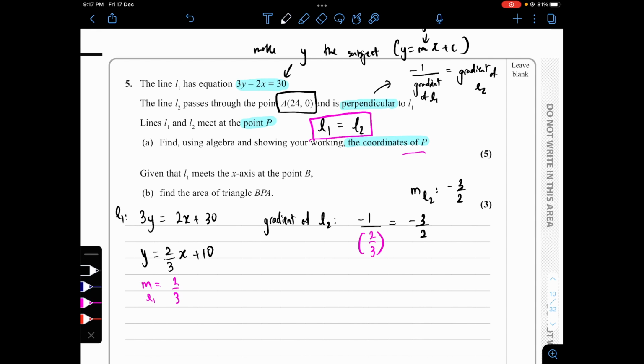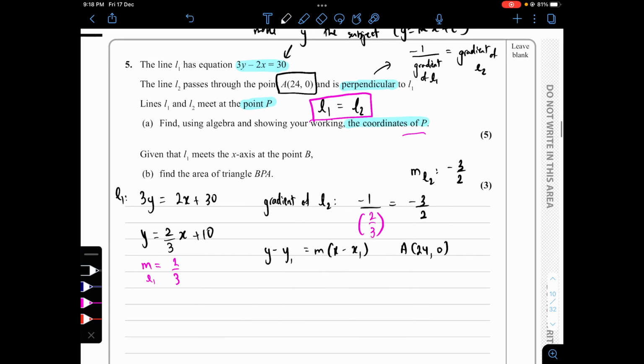So let's find the equation of L2, right? We have y minus y1 equals m times (x minus x1). The coordinate we're using is A at (24, 0), because L2 passes through this point.